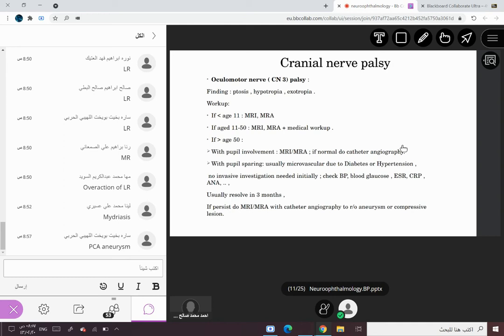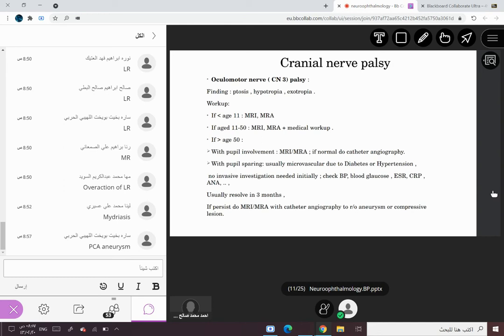This compression will lead to ischemia of the vasa nervosa of the parasympathetic fibers, leading to pupil involvement.